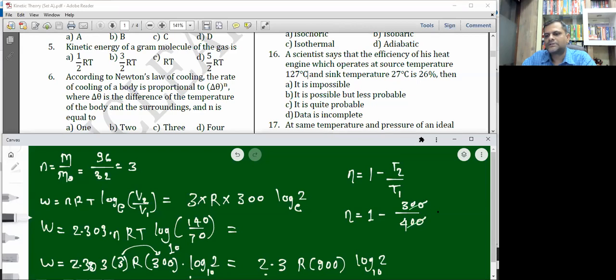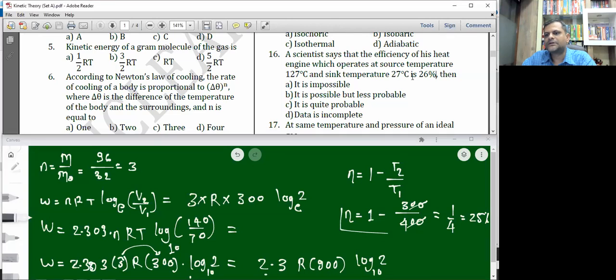We are left with 1 minus 3 by 4, that means 1 by 4, which is going to be 25%. So the efficiency of that heat engine is going to be 25%. But he is saying that it's 26%.